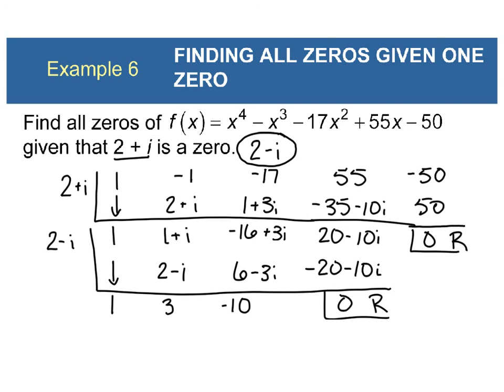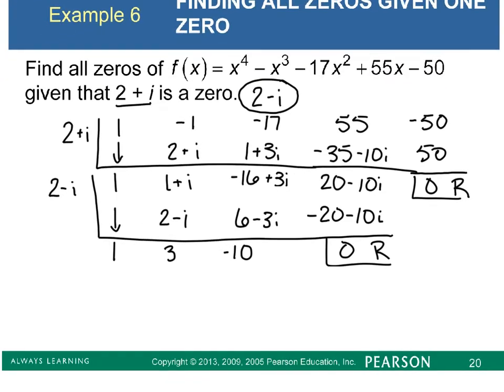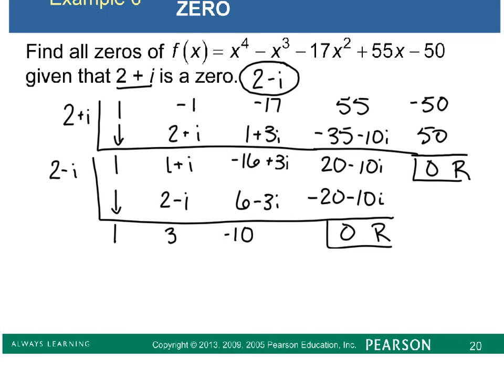Now, what we have left over here is, let me move this up, what we have left over is this function right here. We have the factors, need an equal sign there. x minus 2 minus i, and x minus 2 plus i.